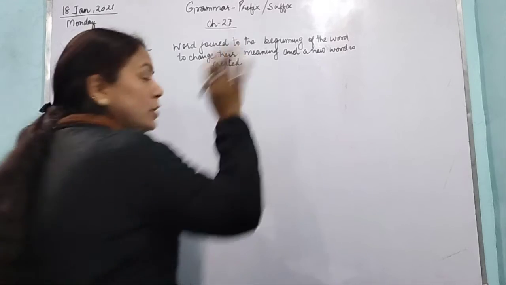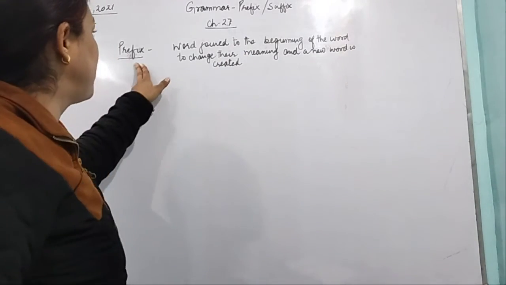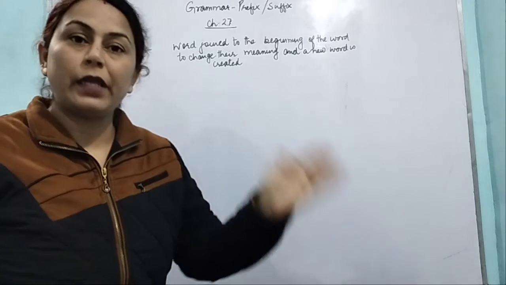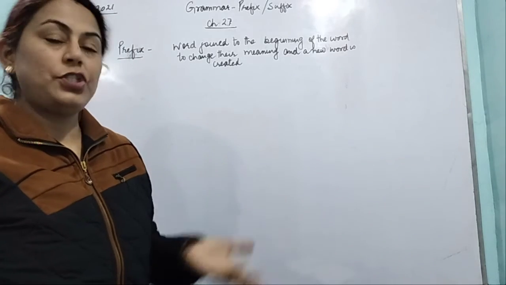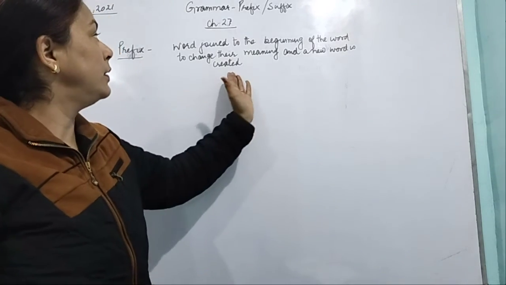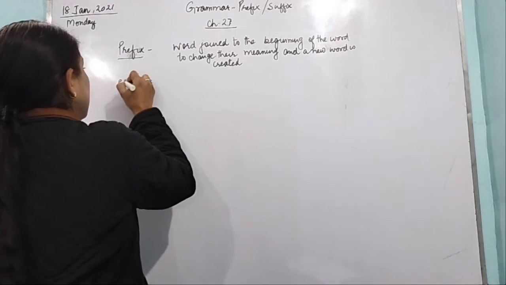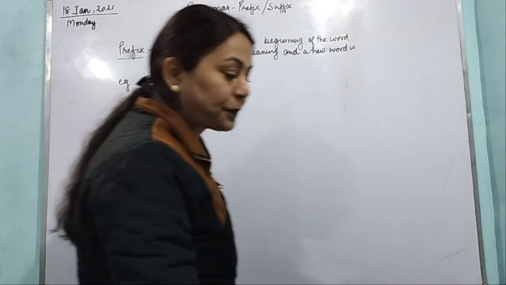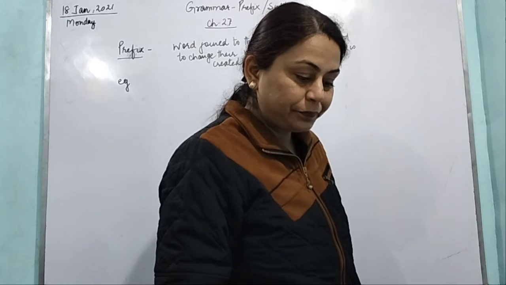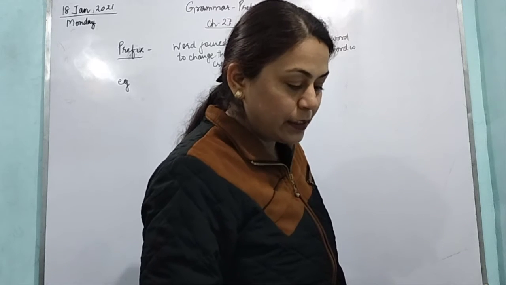So two things happen when a prefix is added: it is joined in the beginning of the word and it changes its meaning totally, and a new word is formed. Now for example, we'll take the word anti.